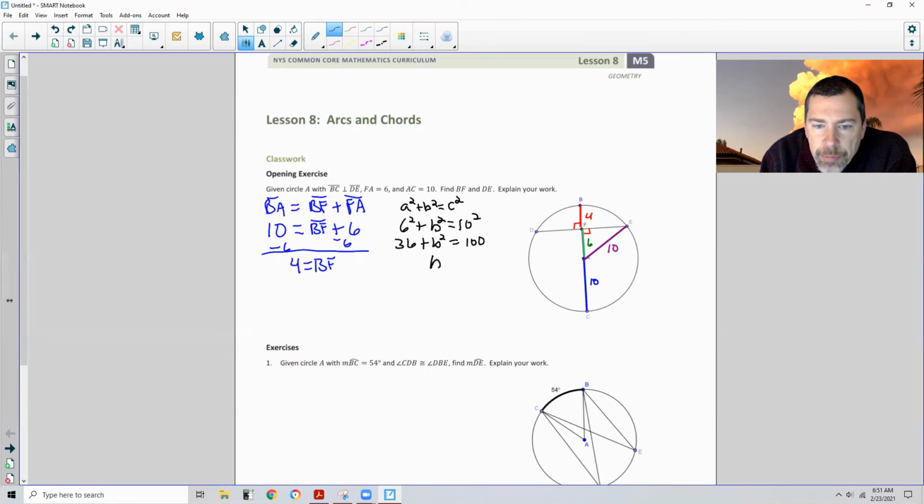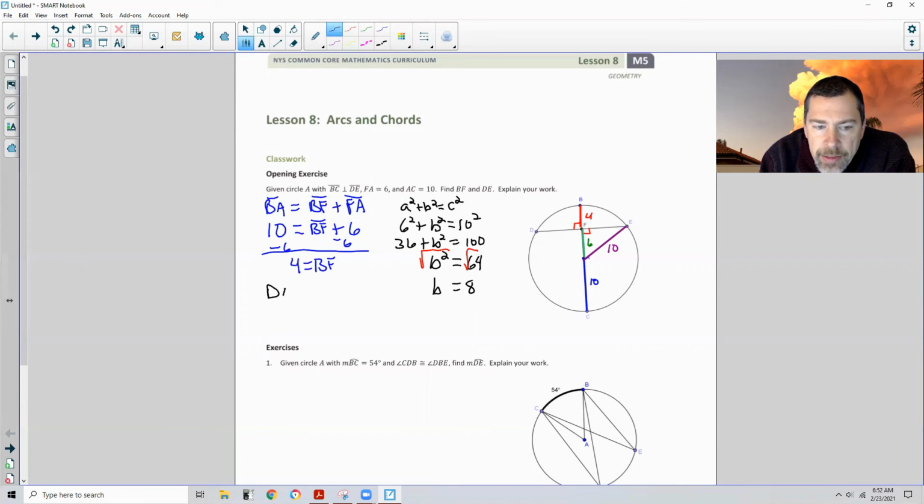Subtract 36 from both sides, and we get B squared equals 100 minus 36, which is 64. We then take the square root of both sides to get B. The square root of B squared is B. The square root of 64 is 8. So this segment here is 8.